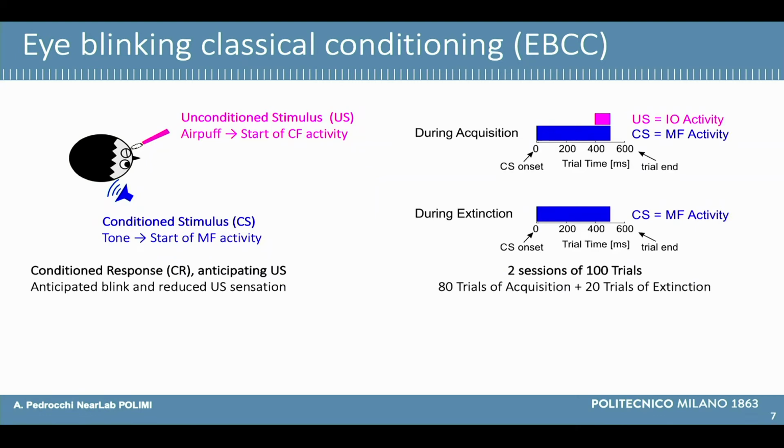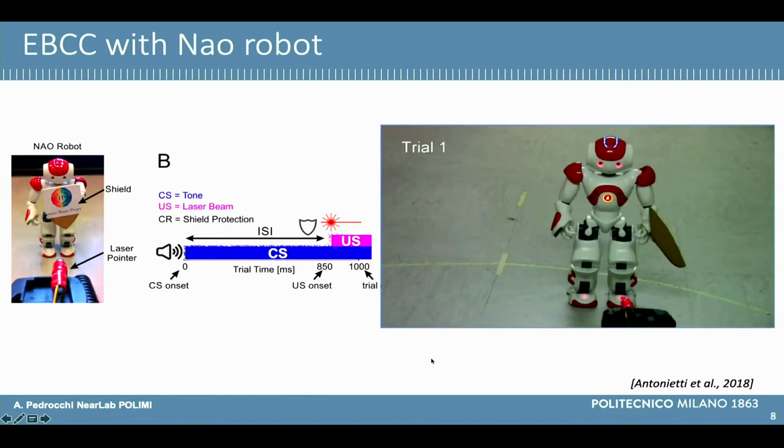So here we can see that this protocol can be converted into a protocol for the Nao robot. The conditioned stimulus is the tone, and the unconditioned stimulus is the laser, which is hurting Nao.